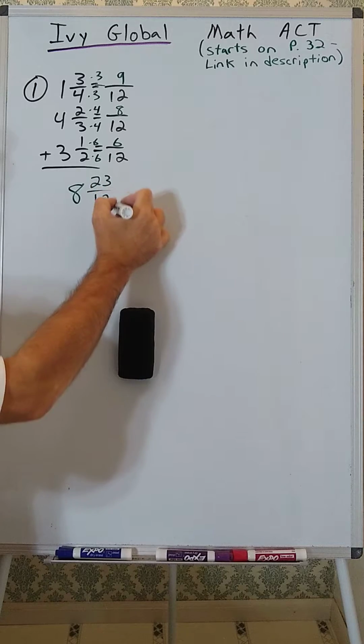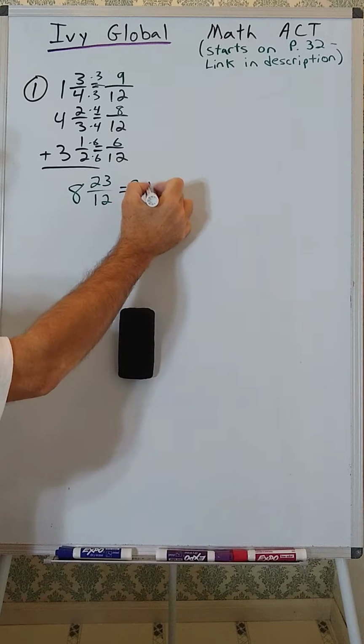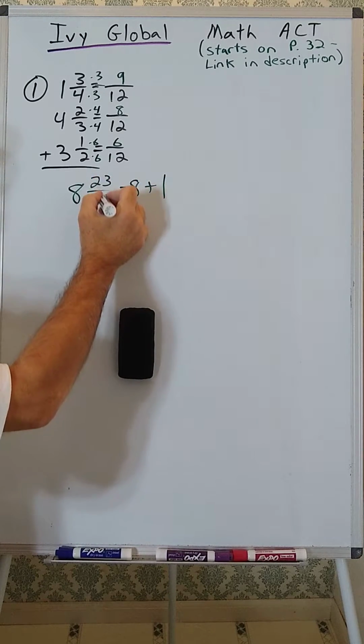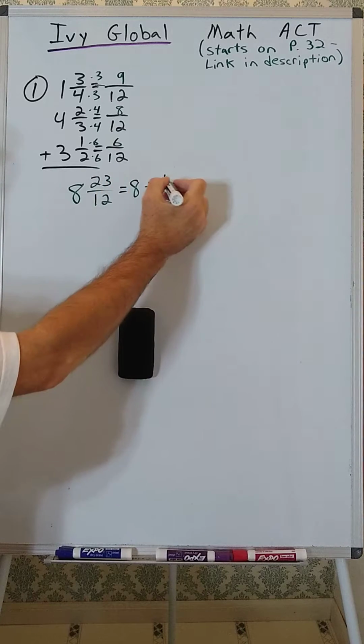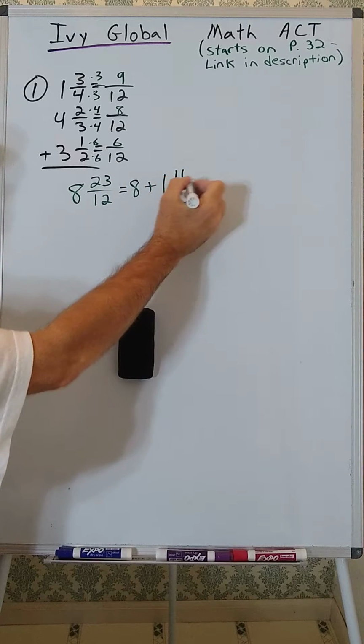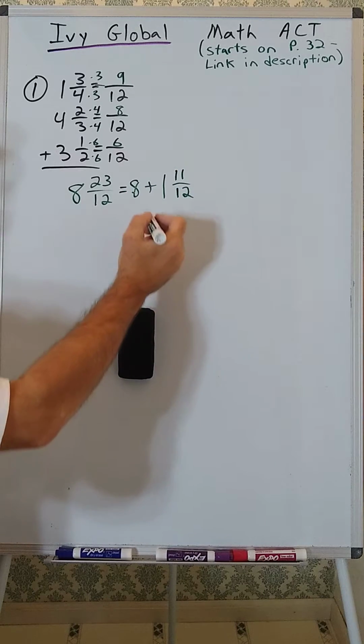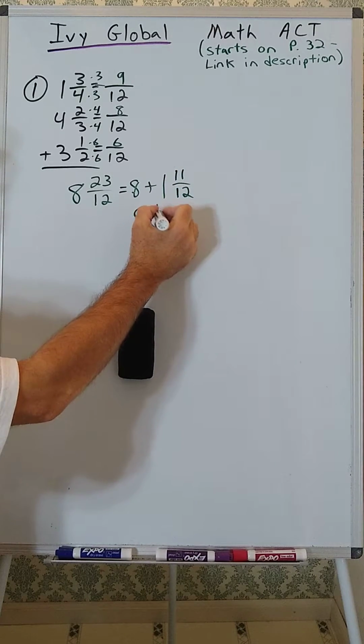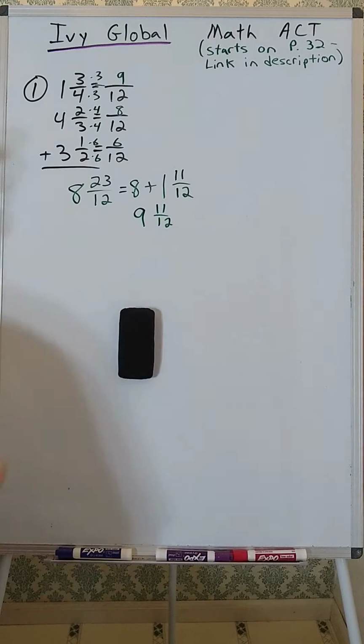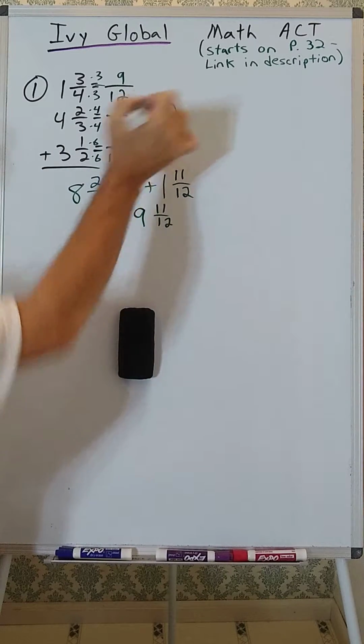So this is going to be 8 plus 1 whole, because 12/12 is 1 whole, and then there are 11/12 more. So 8 plus 1 11/12, or 9 11/12, and that answer is D. So number 1 is D.